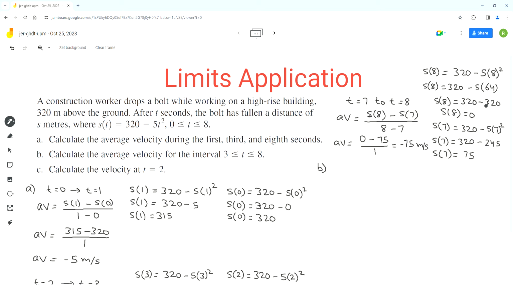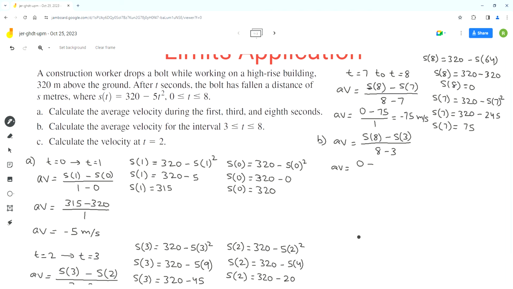So in part B, we have to calculate the average velocity over the time interval 3 to 8 seconds. So we'll use the same setup. So average velocity equals s at 8 minus s at 3 over 8 minus 3. Now we have already done these calculations here. So we know that s at 8 is equal to 0 minus, and we calculated s at 3 in the middle part.